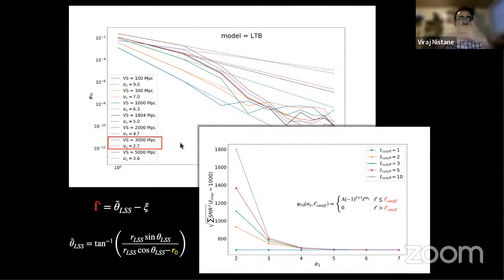So naturally the observer position also increases, and hence there is this geometric dependence on theta LSS tilde, which comes in the gamma tilde on R0. And all of this information is numerically observable: only the dipole amplitude is affected by the void size change and not the quadrupole.